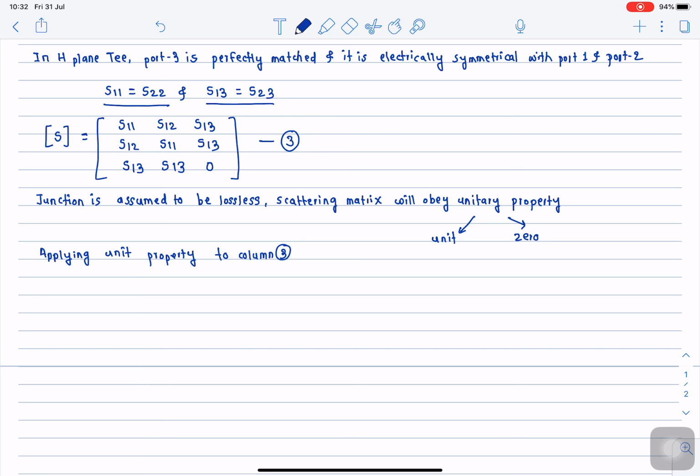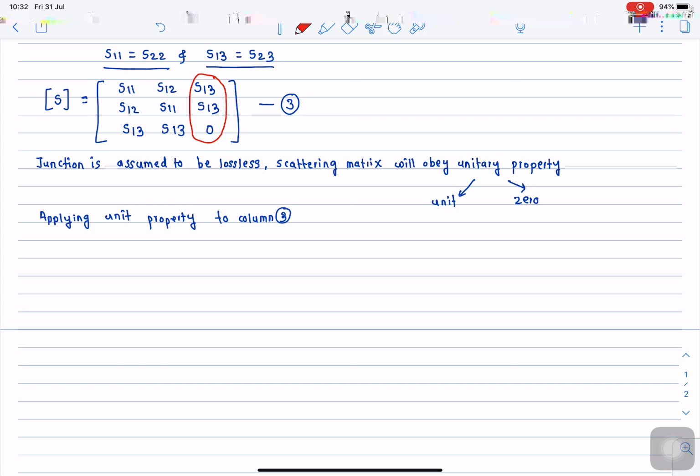So here is column number 3, right? So apply the unit property to column number 3. You recall what the unit property is when we apply it to a particular column: it is the sum of the products of each term of a given column with the same column, which is equal to 1.